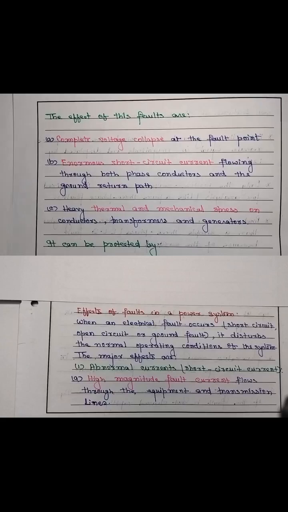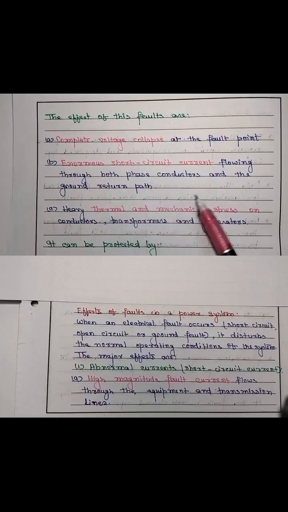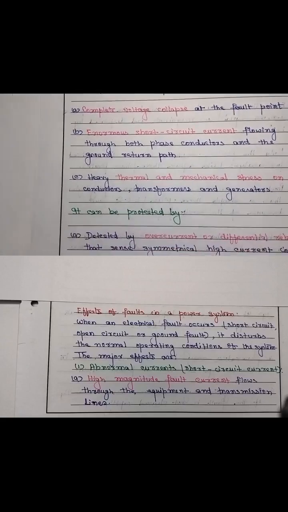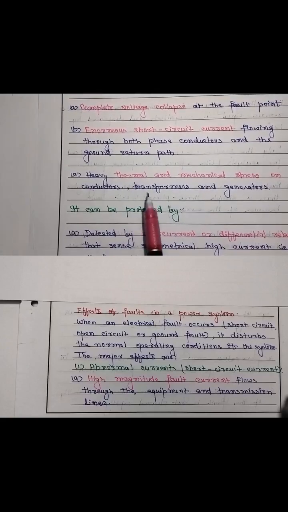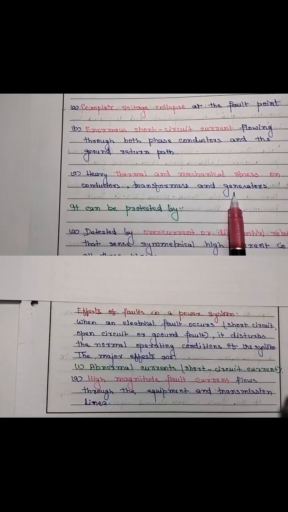Next, we have the enormous short circuit current flowing through both the phase conductors and the ground return path. Because of this fault, enormous short circuit current flows through the phase conductors and the return path. Next, we have the heavy thermal and mechanical stress on the conductors, transformers and the generators.